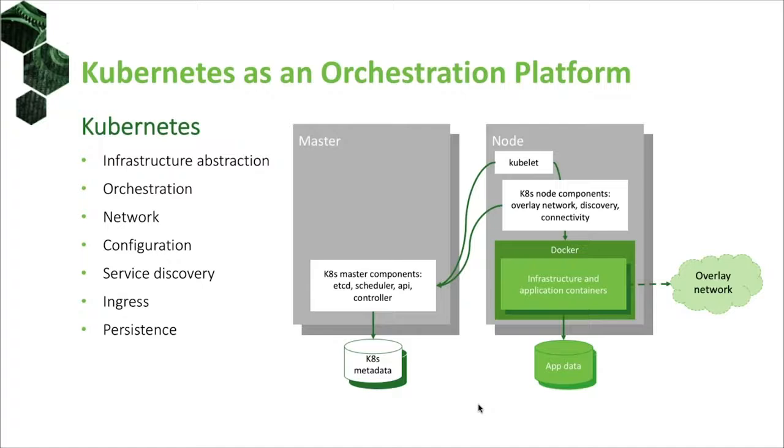Some of the controllers are responsible for running specific containers on specific nodes, and this is, by the way, called Kubelet, the Kubernetes agent running on each and every node. Other controllers are responsible for making a decision on which node a certain container should run, which is called the scheduler.